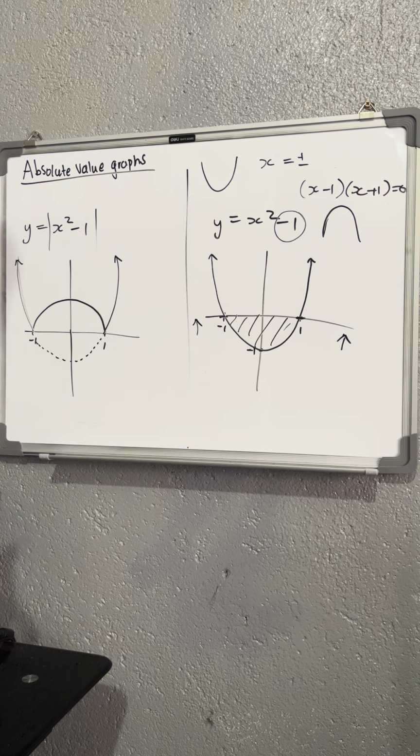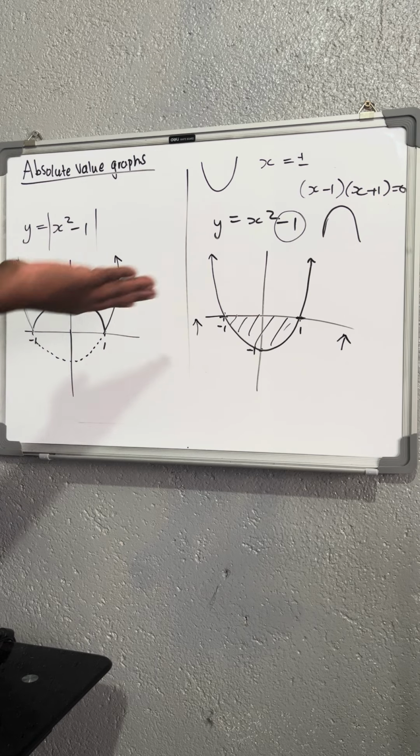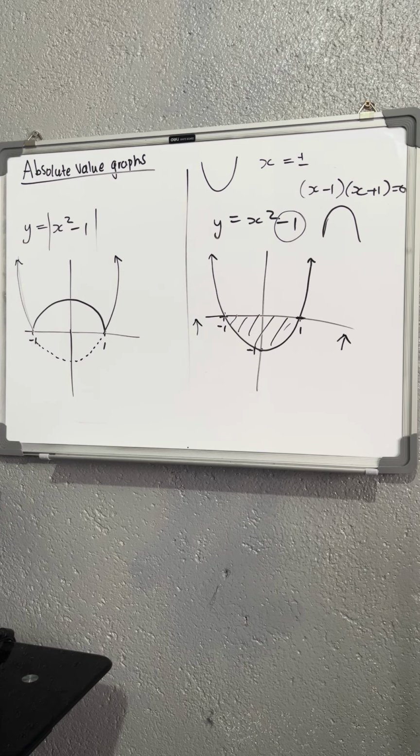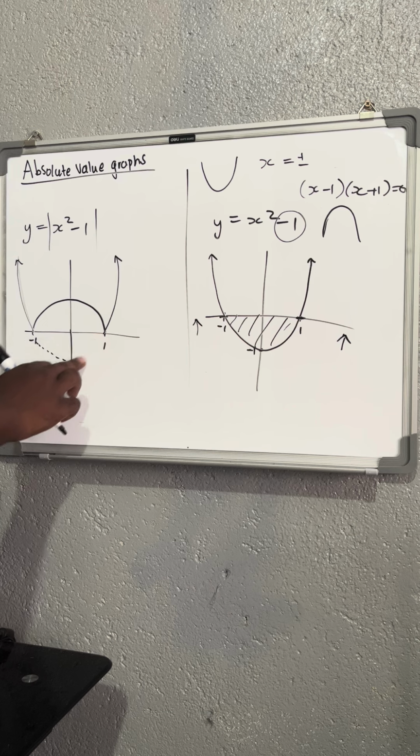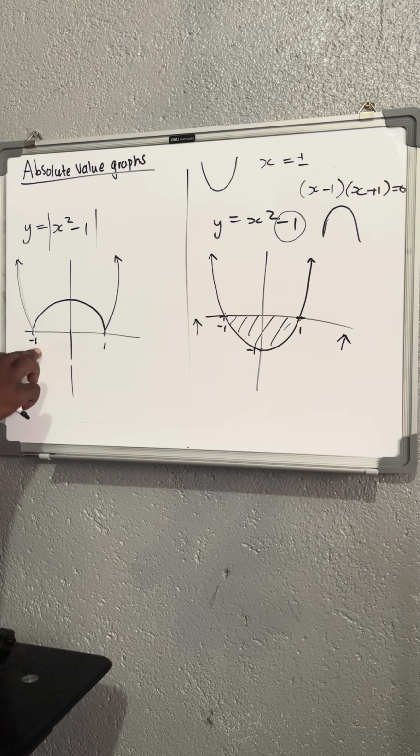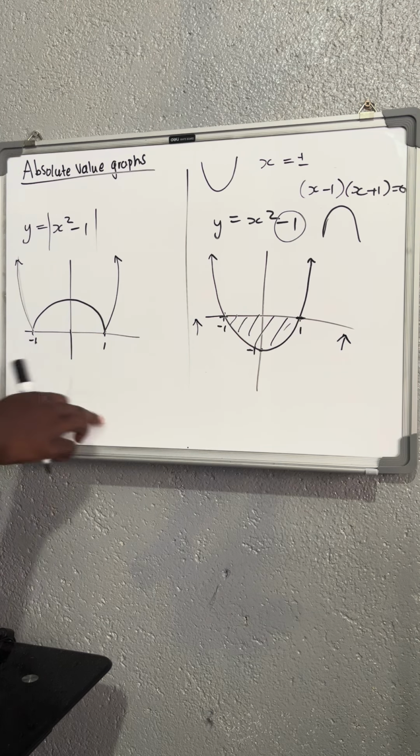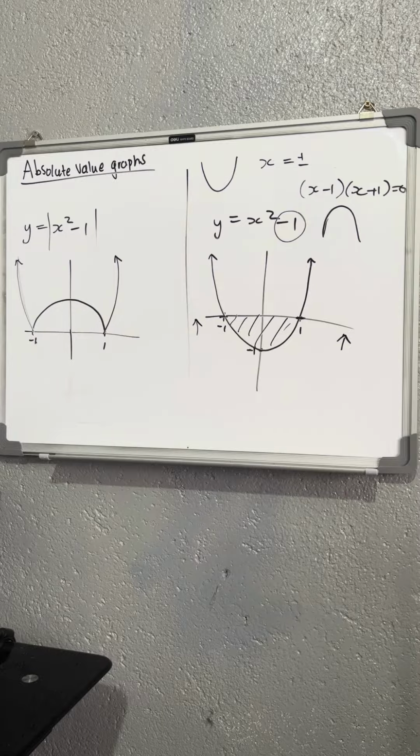It's basically like we just took this one and flipped it to the other side. So you're going to have a final graph that looks like that. So basically that's that with this example. I hope it was also clear.